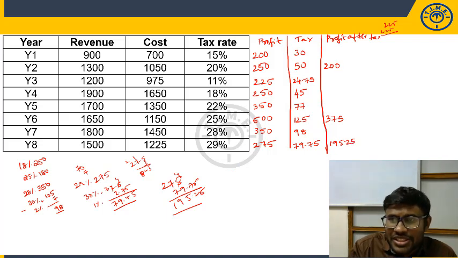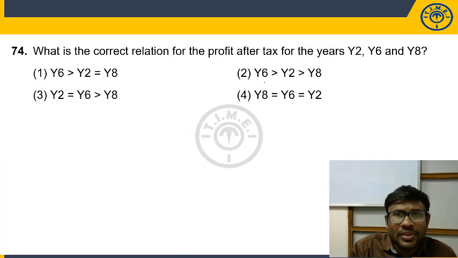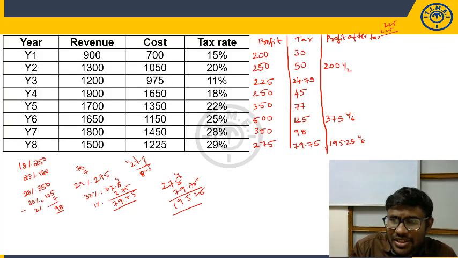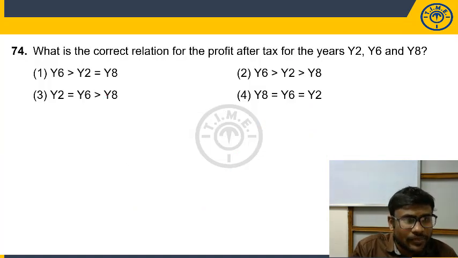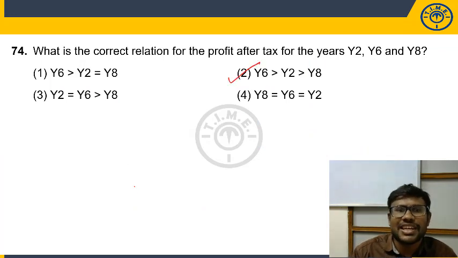So this is Y2 and this is Y6 and this is Y8. First of all, highest is Y6, no? Y6 is greater than, next highest is Y2, greater than Y8. So Y6 greater than Y2 greater than Y8. Which option is satisfying the condition? Option number 2. I hope this is clear for you.